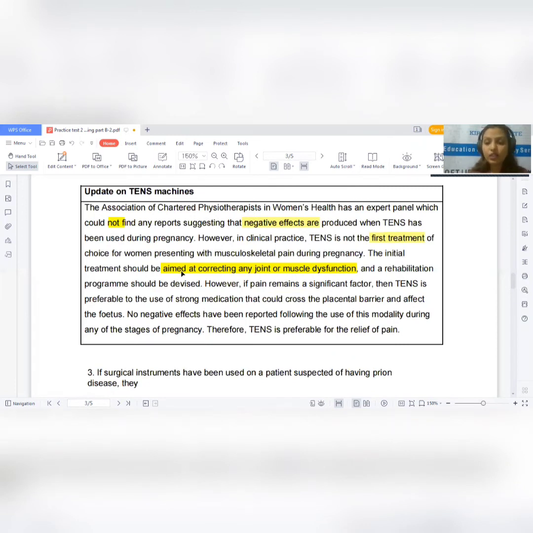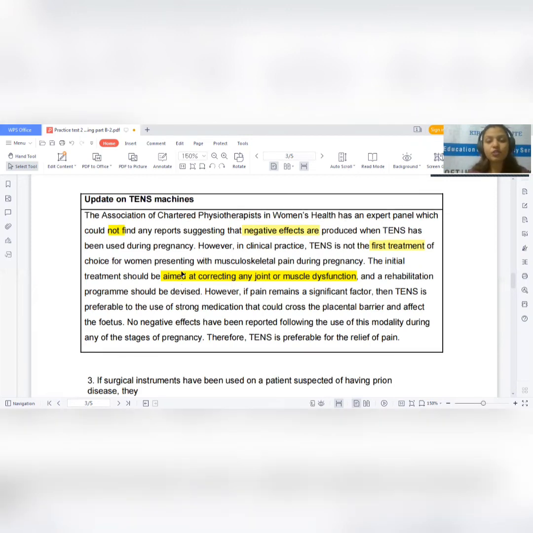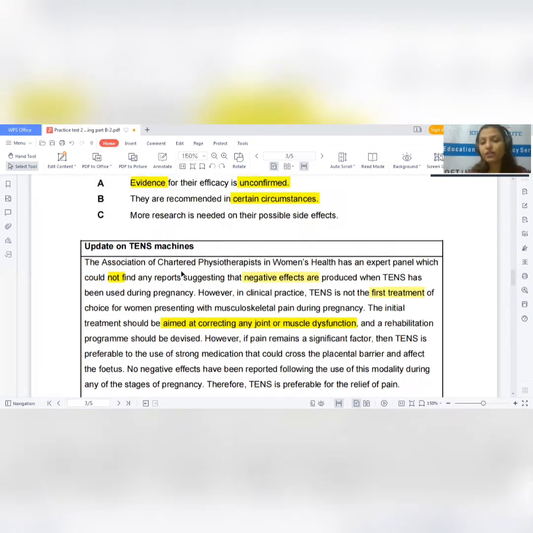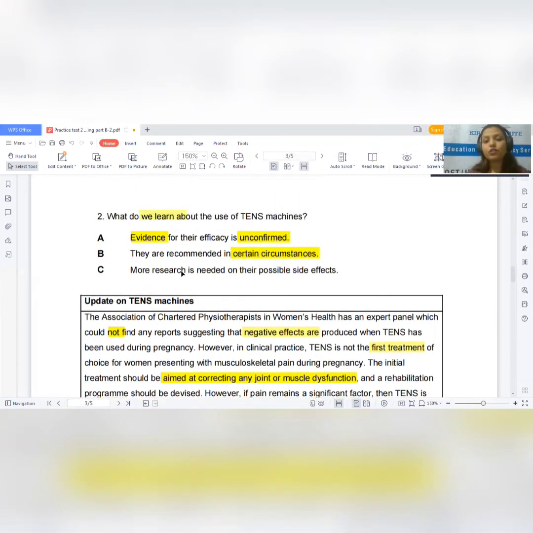Despite giving all these corrections and the rehabilitation program, if the pain persists, in that situation only TENS machines should be used. So in my point of view, certain circumstances suits best. However, I will not finalize the answer until I read the third option and make sure that this is not the correct option. So let's move to option C.